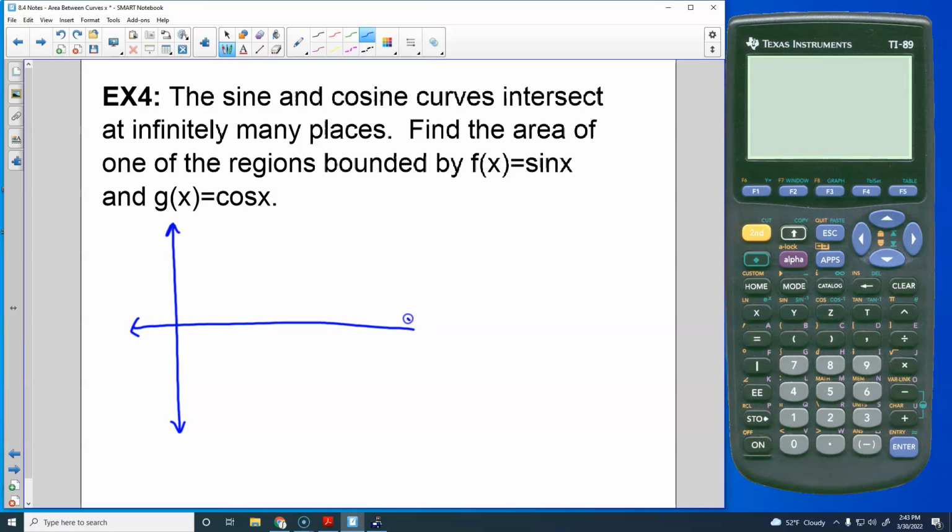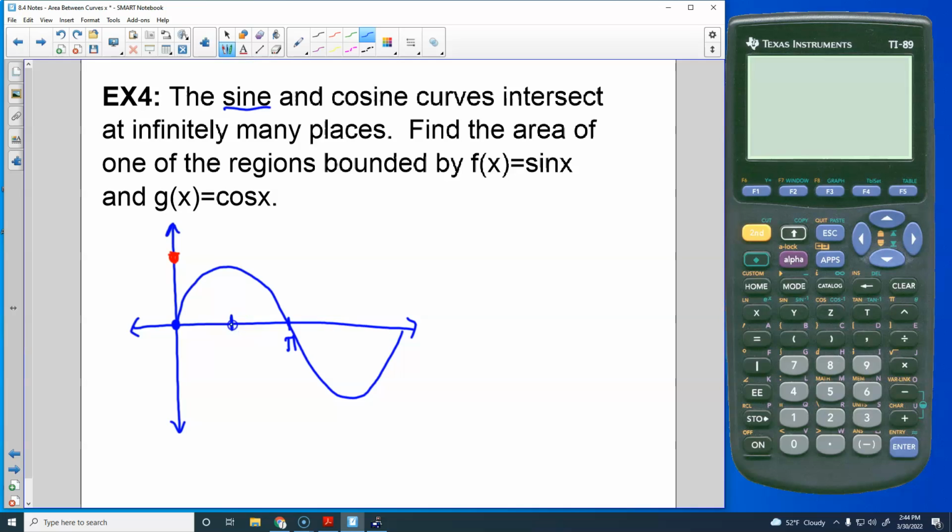Sine starts at 0, and then right here at pi, it'll be back down to 0, and then it'll do like this. We really won't need that last part there. Cosine, where does it start? It begins at 1, and it's going to decrease.